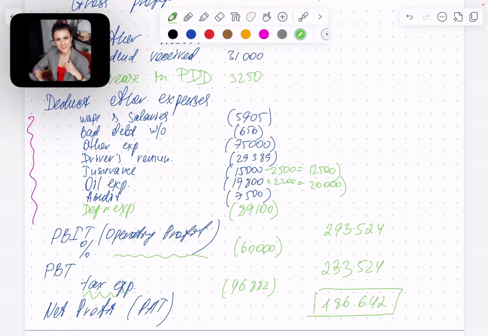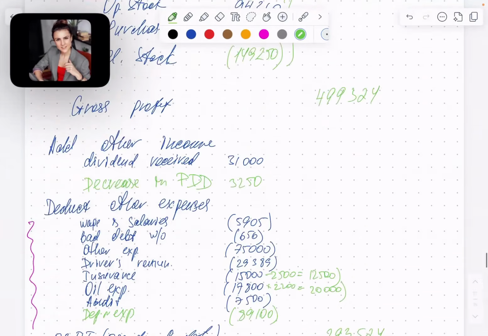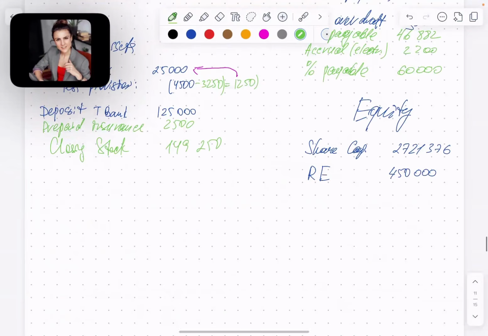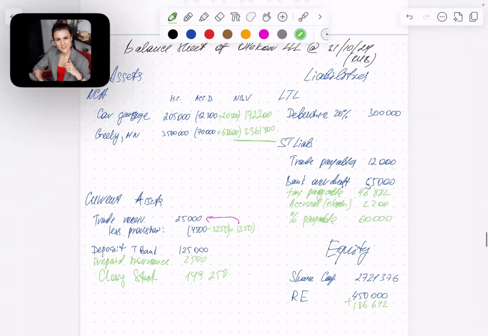It's very important to calculate it because we would use this profit, adding it to the retained earnings line in the equity section. So if we add 186,642 to our equity section, I bet that all your finals would show balance. So if you sum up the total assets here, the total non-current assets, the total current assets, you can calculate total assets. I won't do that right now.